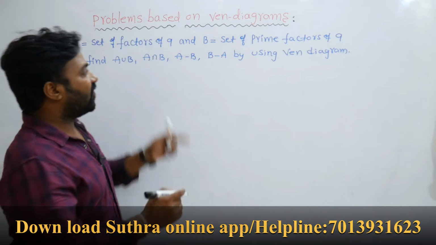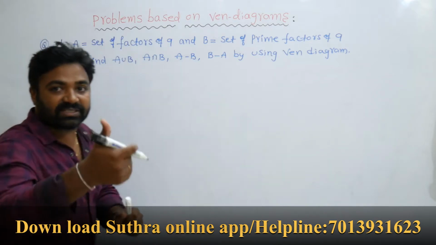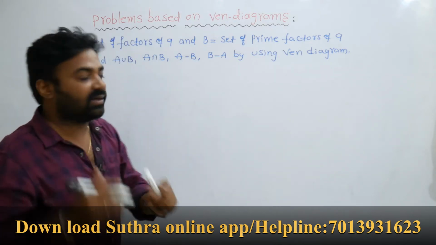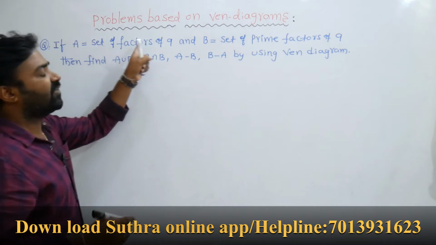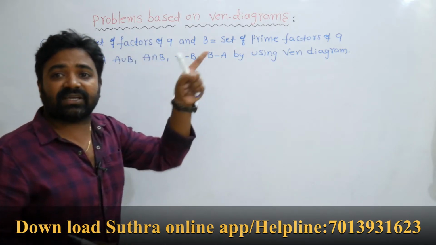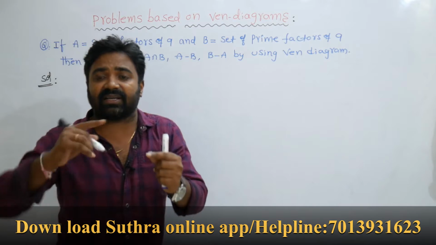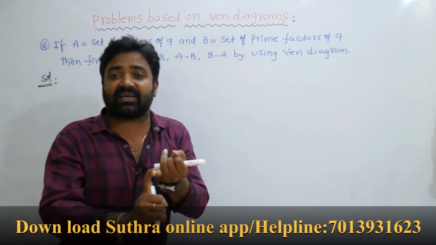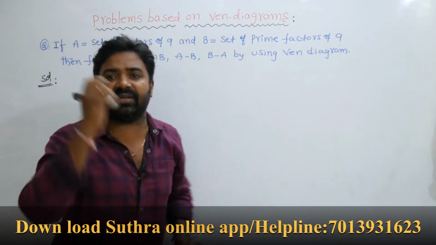So first of all, what is the A set? What is the B set? That we should find. A set is the set of factors of 9. The factors of 9 are 1, 3, 9.